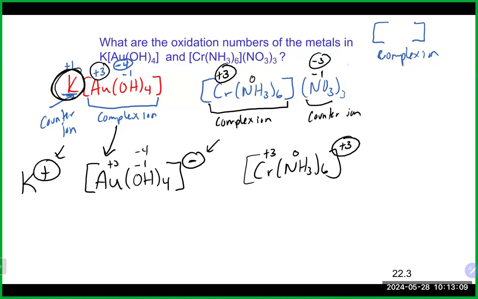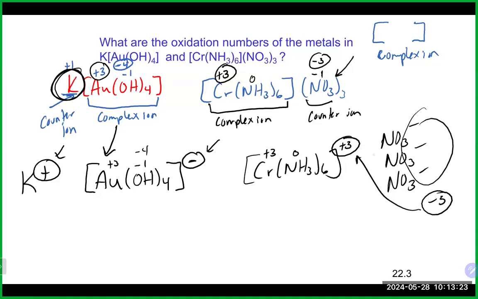And that is why when we look at the counter ion for the second one, we need not just 1 nitrate, not 2 nitrates, but 3 nitrates to give us a -3 overall to balance out the +3. So again, we put it together like a normal ionic compound to equal 0 in the simplest way possible. And again, as we can see here, in the first case the complex ion is negative.